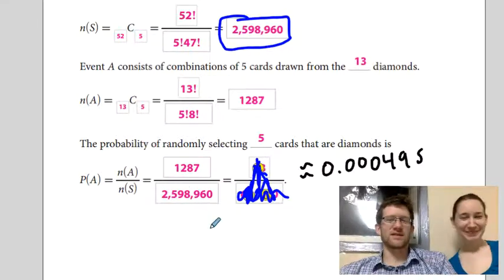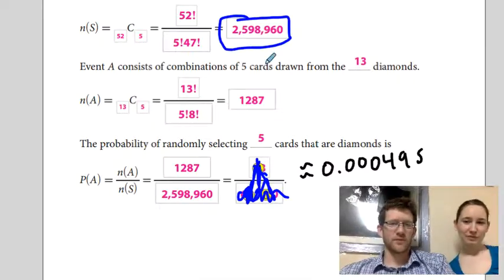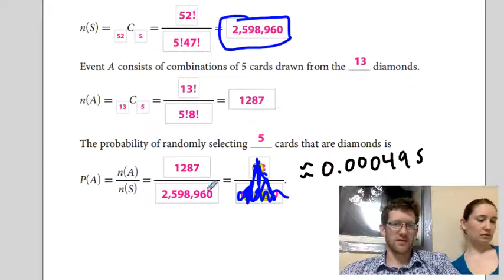Another way we could do this is, a lot of times I like to do odds, which is 1 out of how many. And so the way we could do that is we could divide both the numerator and the denominator by 1287. So what is 2,598,960 divided by 1287?